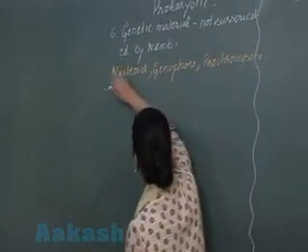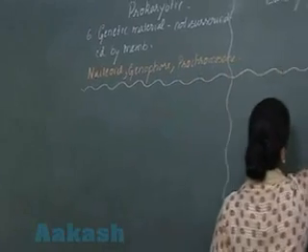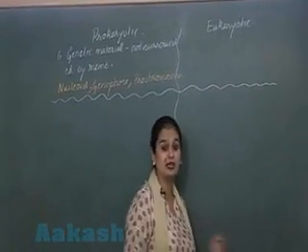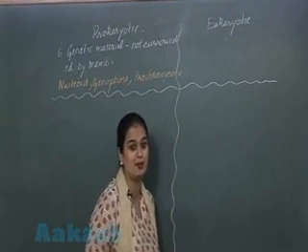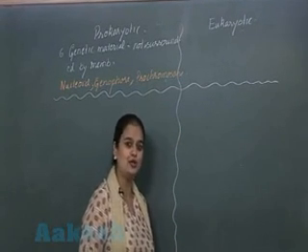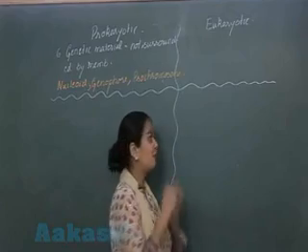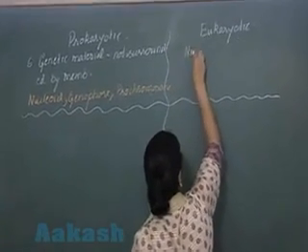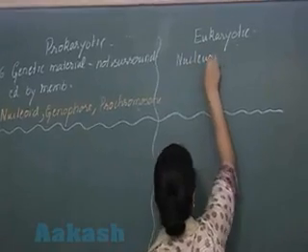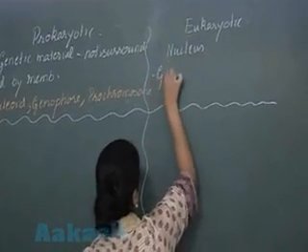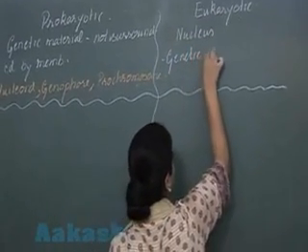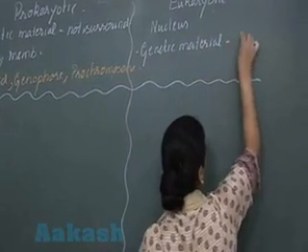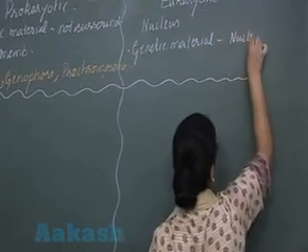So let's see what is the scenario with respect to the eukaryotes. In the case of the eukaryotes, the genetic material is surrounded by a membrane, the nuclear membrane. So in eukaryotes there is a well developed nucleus where the genetic material is enclosed by the nuclear membrane.